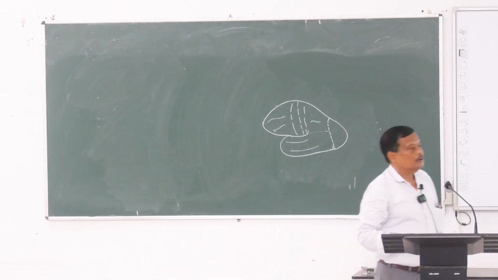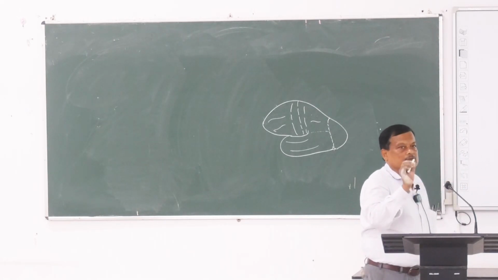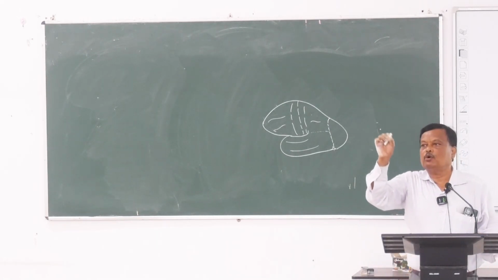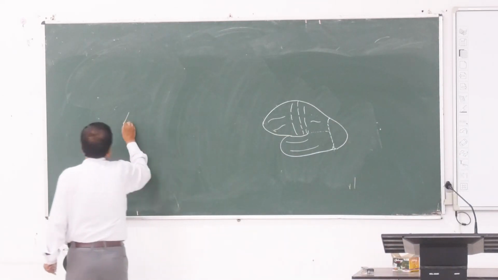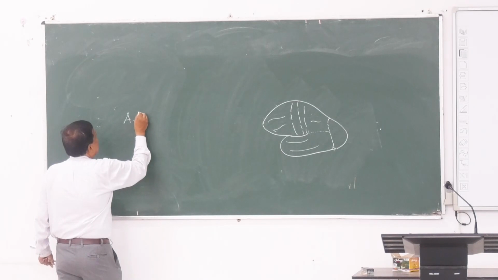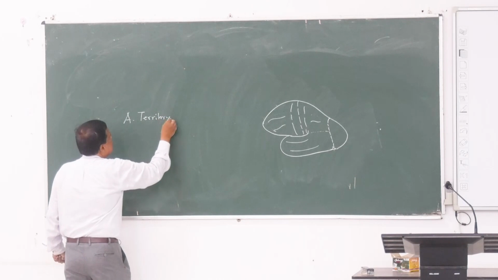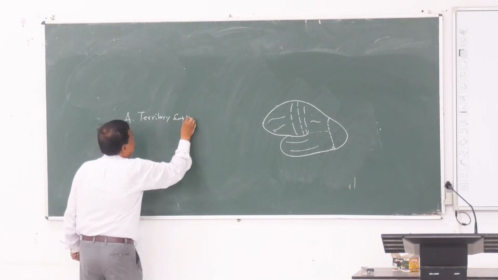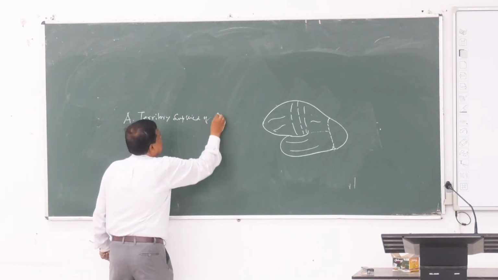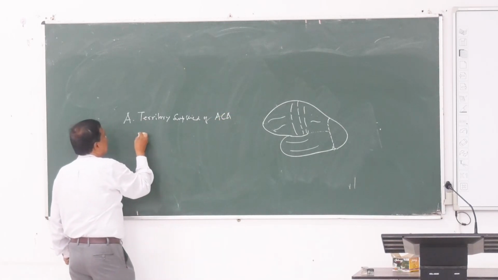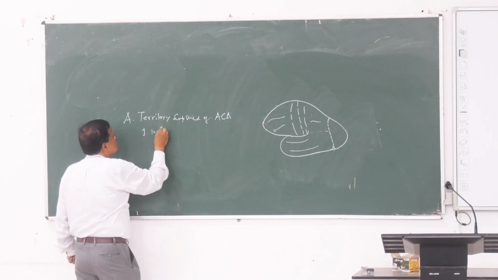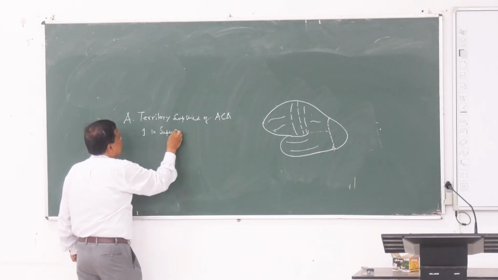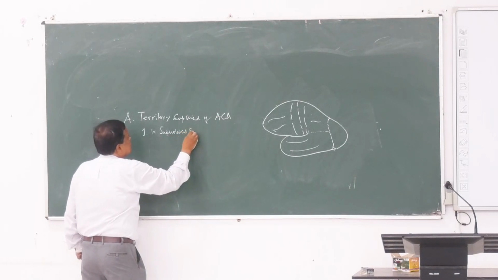Then capital A. Supplied by the anterior cerebral artery in the superolateral surface of the cerebrum.